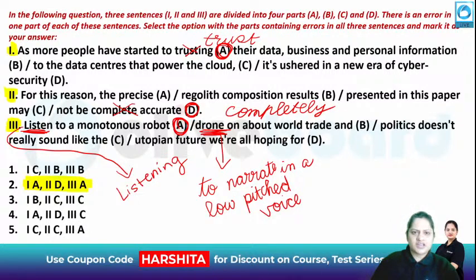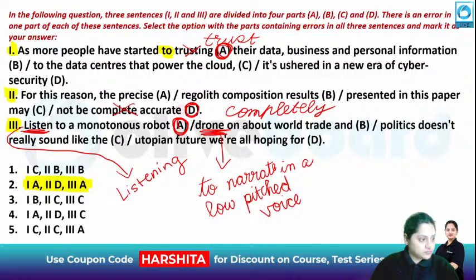Okay. The first error is very simple. Started to trust. After to, people have started to trust, first form of verb, not started to trusting their data. Started to verb, the first form is required. Base form: trust their data. Now, doesn't really sounded will be wrong. With doesn't, what will you use? Arun, always base form.